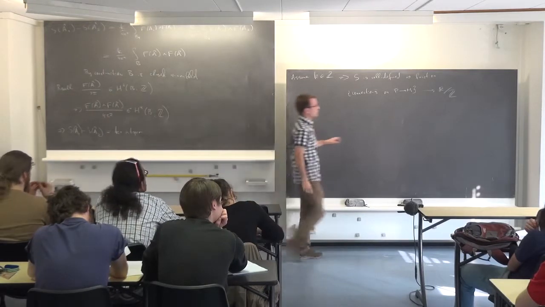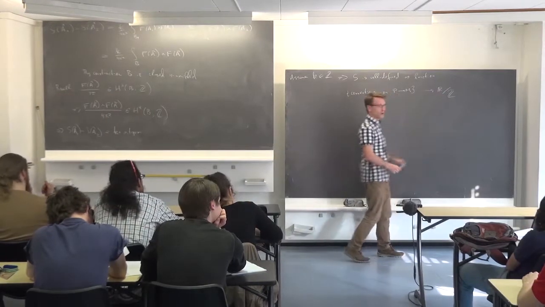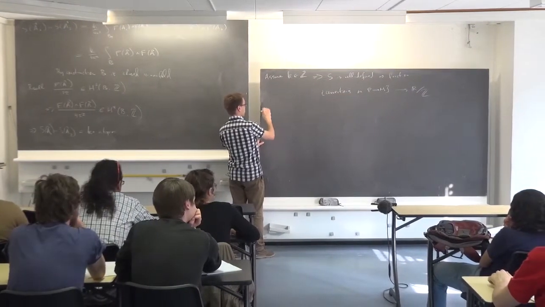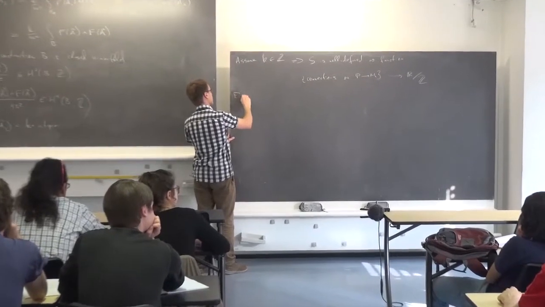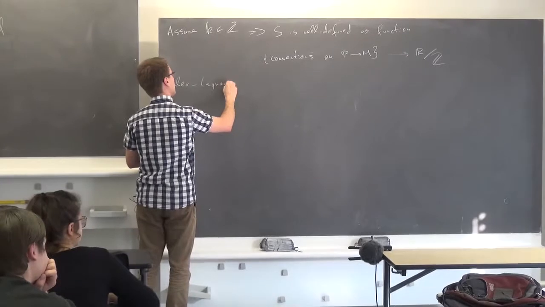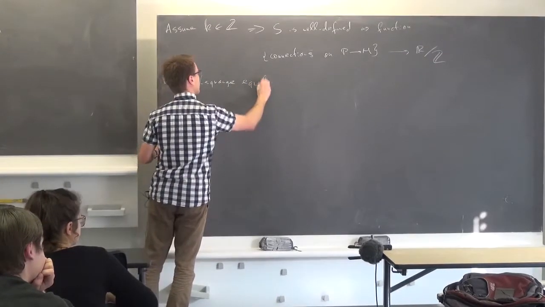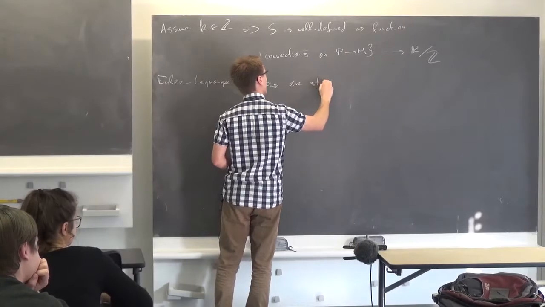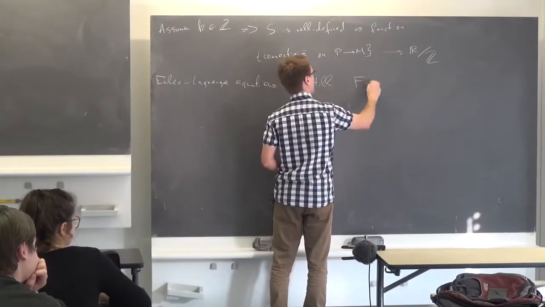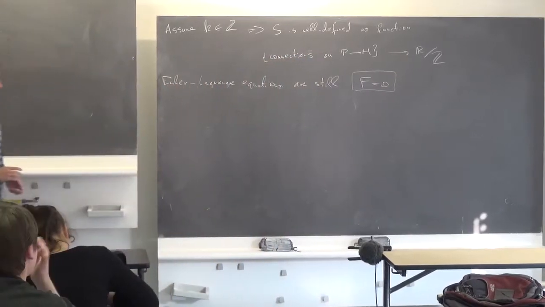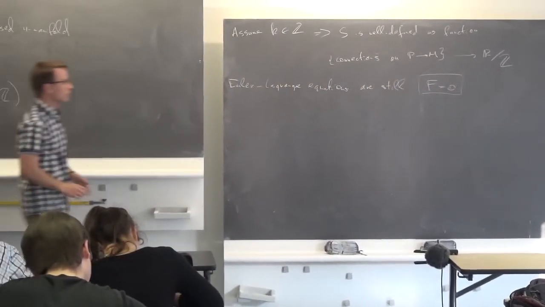Okay, so for instance, you can still talk about Euler-Lagrange equations. Let me just say that the Euler-Lagrange equations in this case are still the flatness equations.